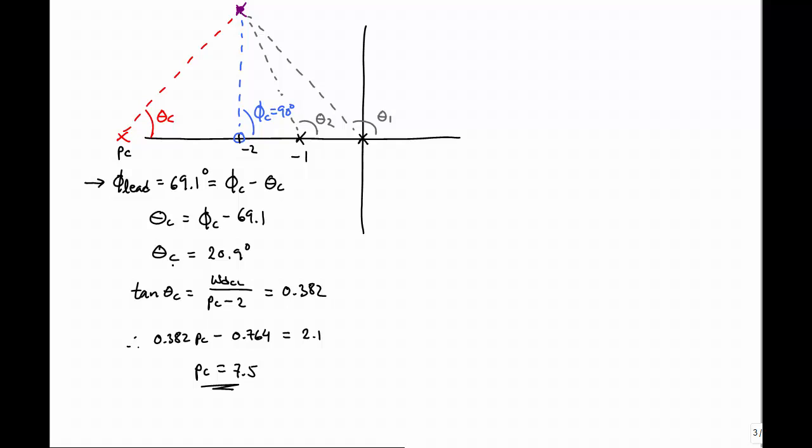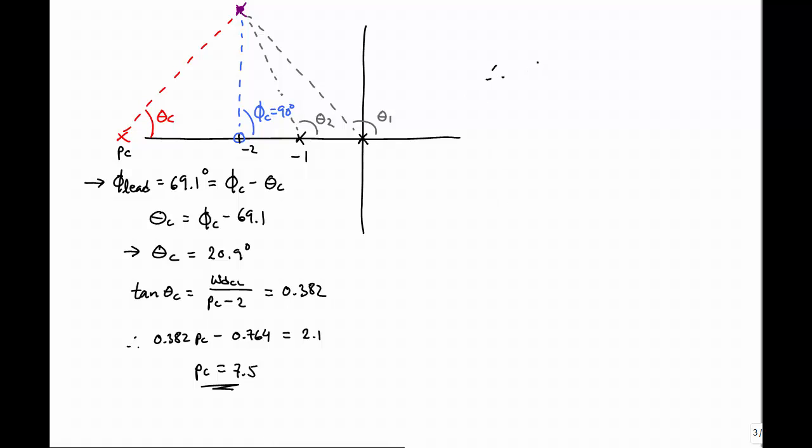So that gives us an angle contributed by the pole of 20.9 degrees, or minus 20.9 degrees. We then recognize this triangle here, and we can solve for this pole location by doing the tangent of this angle is equal to the height, omega d closed loop, divided by the horizontal run, which is the pole location pc minus 2. And solve for pc, and we find that pc is equal to 7.5.